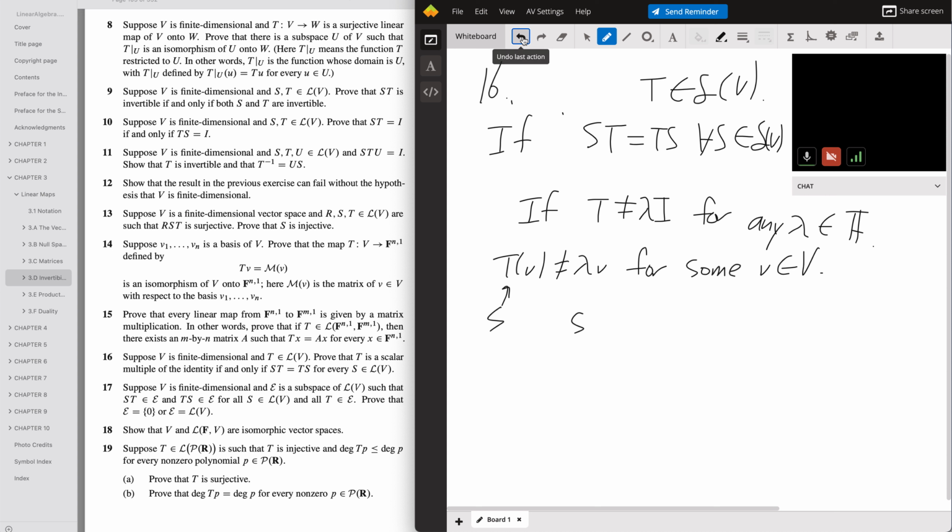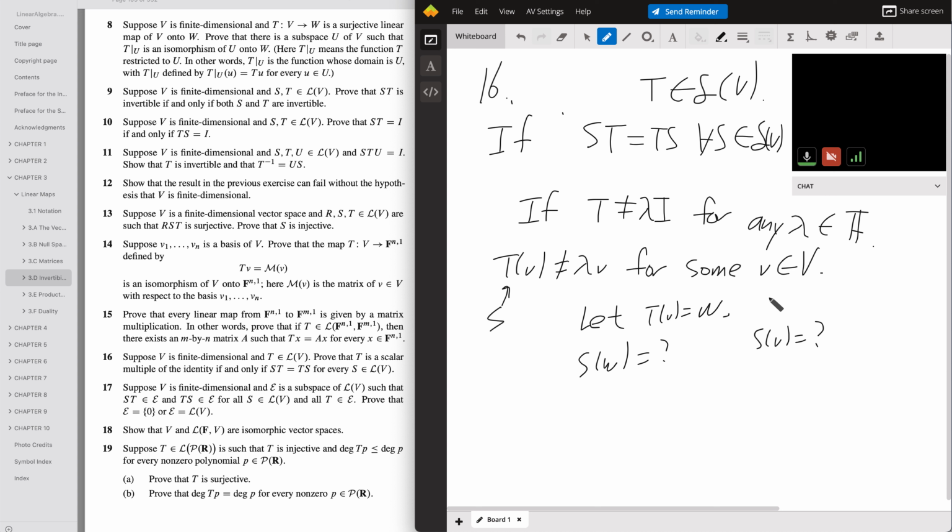How can I construct such an S? Right. So if we let T of V equal W, let's say S of W equals question mark, so V equals question mark. We don't know any of these things, okay?